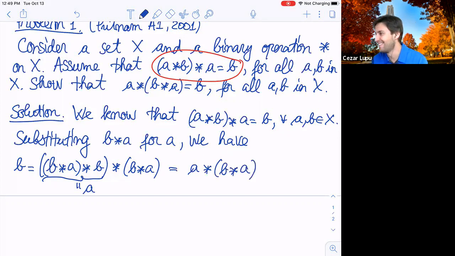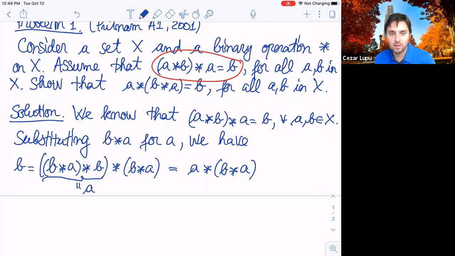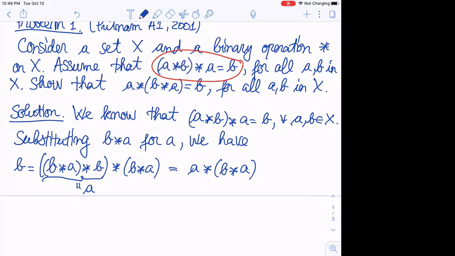So how did you reach the conclusion that you can substitute B star A for A? Look, instead of A, I put B star A. So I replaced A by B star A. Okay, but aren't you assuming then that B star A is in the set?